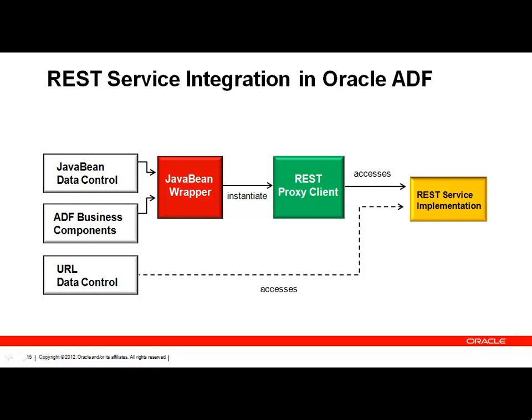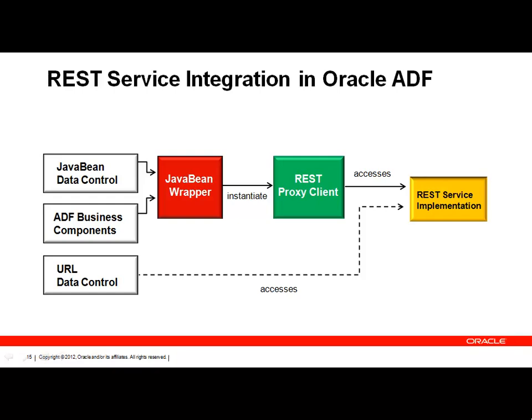So once we get XML back, we can represent the XML in the data control palette for the developer to work with. The two other options are, as before, Java Bean data control and the ADF business components, and here, similar to the picture we had before, we use an intermediate object, which is the REST client, which is coming from Jersey.